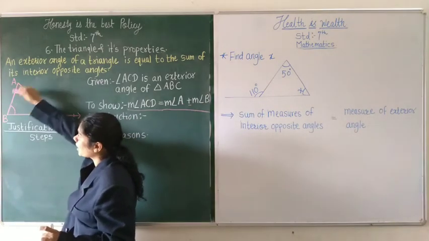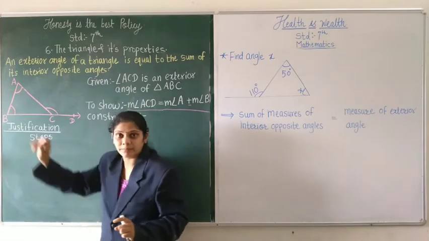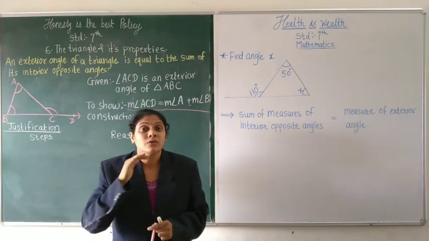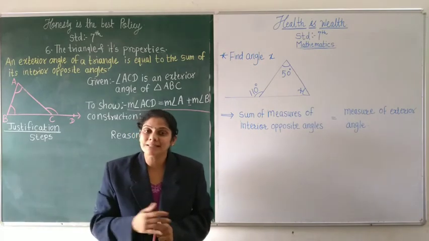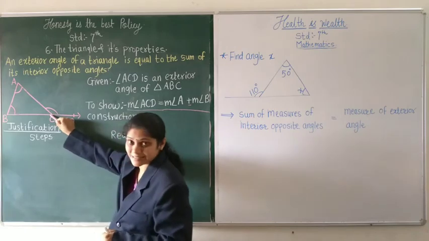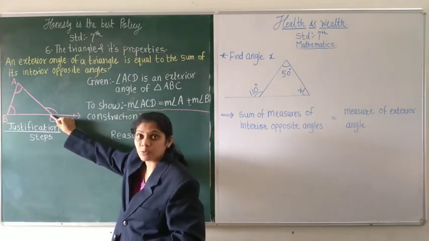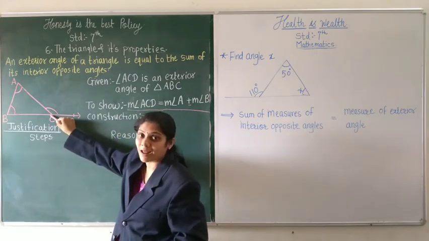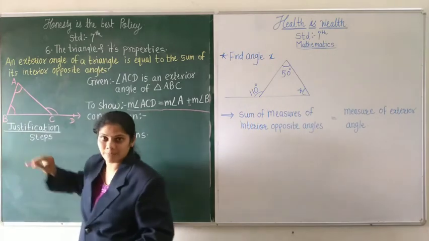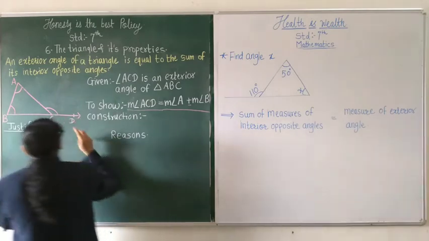So we have to draw a parallel line to that side. Now from which point we have to draw it? At which point is the exterior angle? You can see at point C there is an exterior angle. That means we have to draw a parallel line from the point C which is parallel to side AB. So as I said, we can draw here. Look at here.